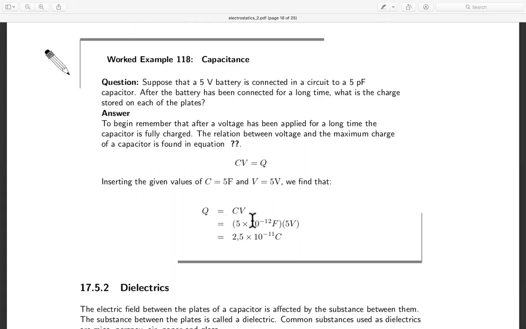So Q equals CV. C is 5 times 10 power minus 12 and V is 5. So we have 2.5 times 10 power minus 11 coulomb. This is the charge. Yeah, that's it.